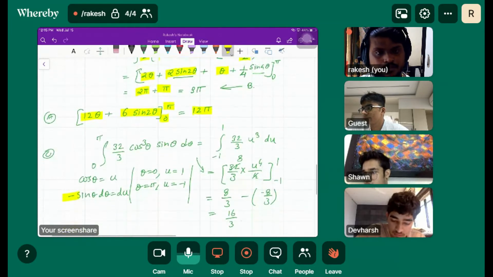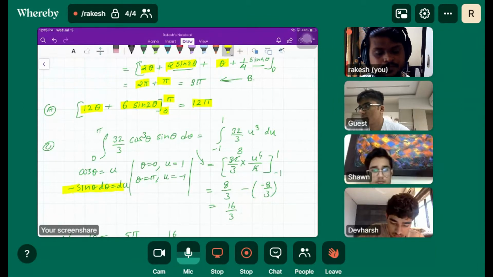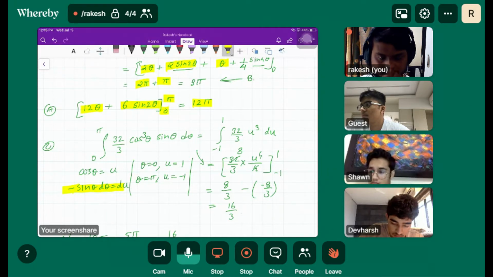Now we'll follow the u-substitution technique here. So cos theta is equal to u. Derivative of cos is minus sin theta d theta, that's du. And when theta is equal to 0, u is equal to 1, because cos 0 is 1. When theta is equal to pi, u is equal to minus 1.